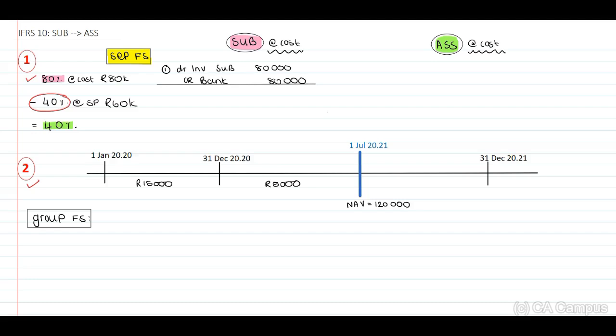Now, if you are standing on 1 July 2021 in the records of entity A, they sell 40%. You agree with me that we will now have to take out the 40%. Therefore, we debit our bank with the 60,000.